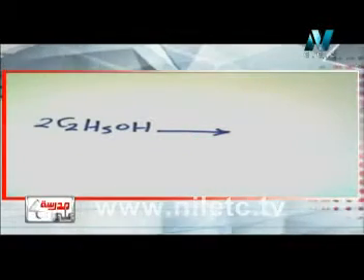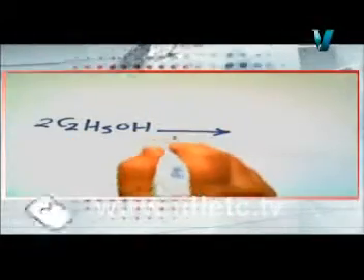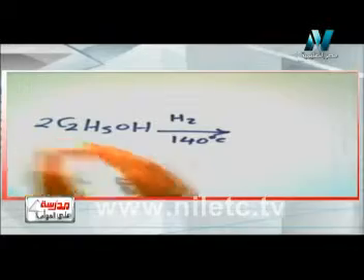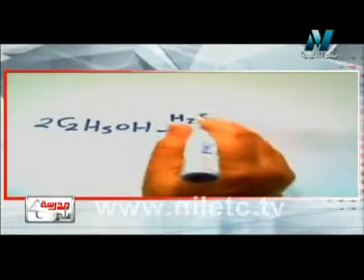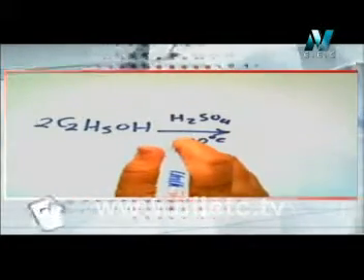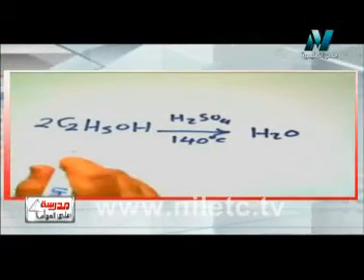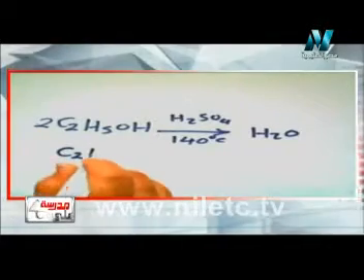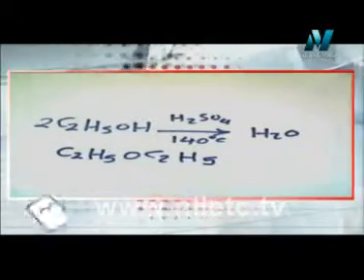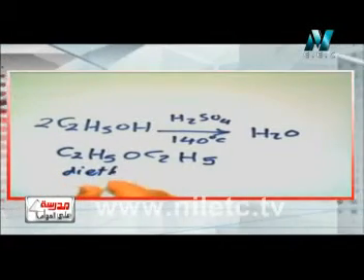It takes 1 molecule of water from 2 molecules of ethanol at 140 degrees Celsius, and the alcohol is converted into C2H5OC2H5, diethyl ether.